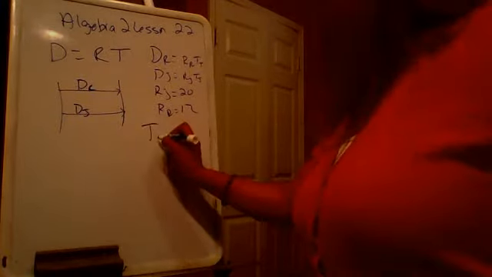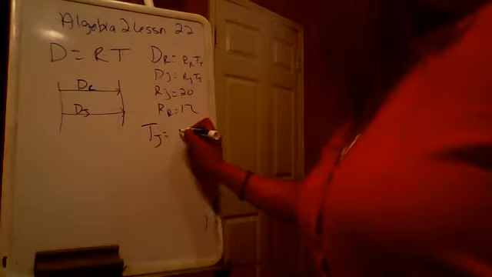And we know that her time, Judy's time, was 2 hours less than Roger's. So time of Judy is equal to time of Roger plus 2.